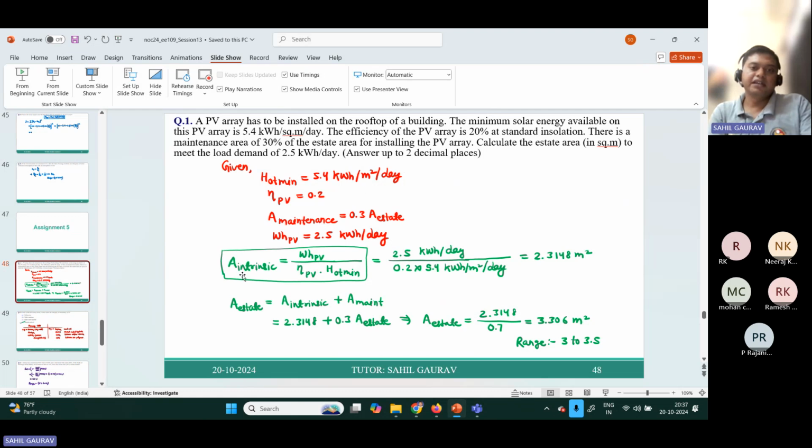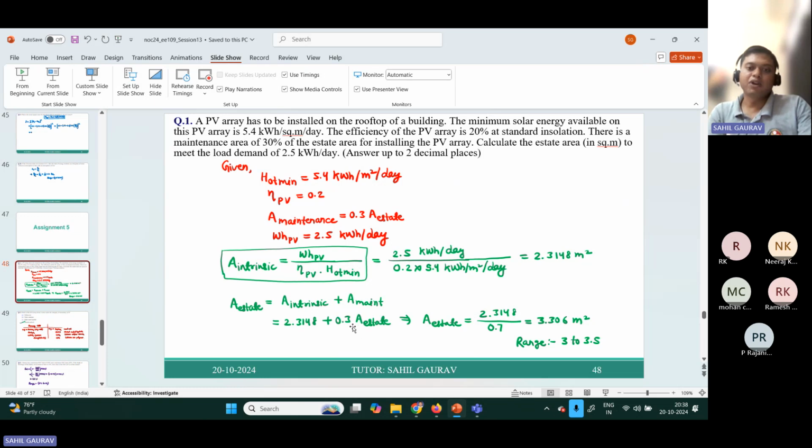So the intrinsic area expression is this one: the PV array energy upon the efficiency of PV into the solar energy available on this array. So the intrinsic area will come as 2.3148 meter square. And the total area is the sum of intrinsic area plus maintenance area.